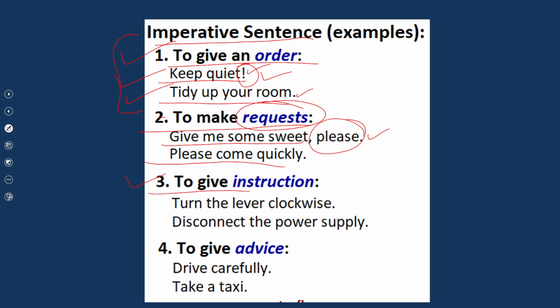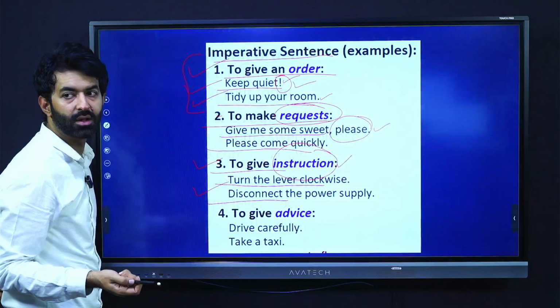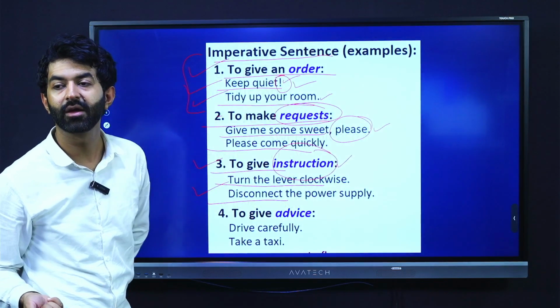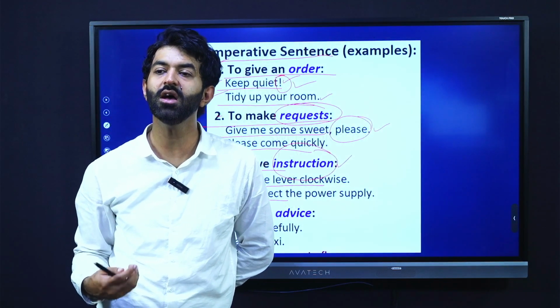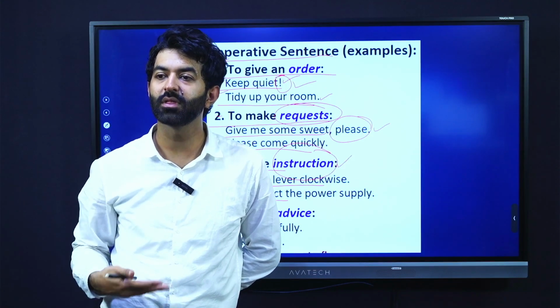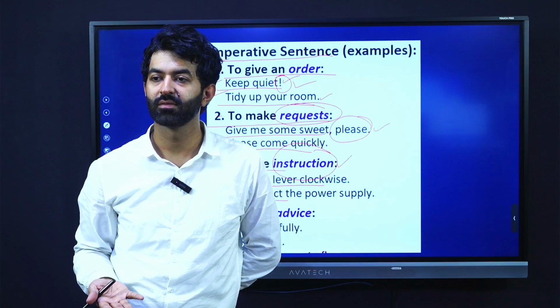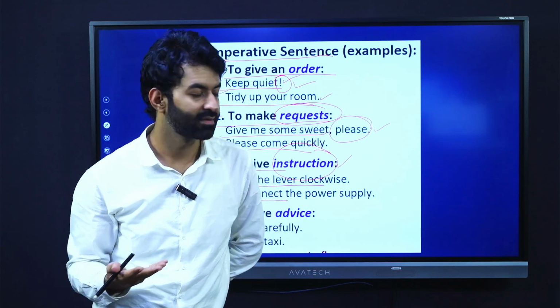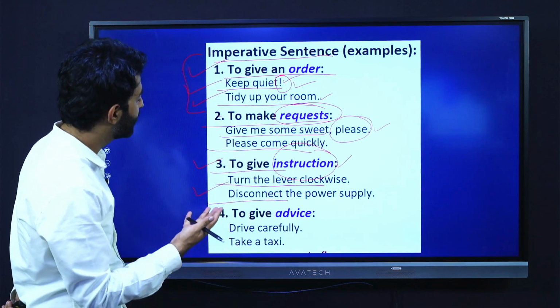To give instructions, for example, turn the lever clockwise, disconnect the power supply. These are instructions. Open the bottle carefully. क्या है? Imperative sentence. Instruction, not an advice, but it is an instruction.